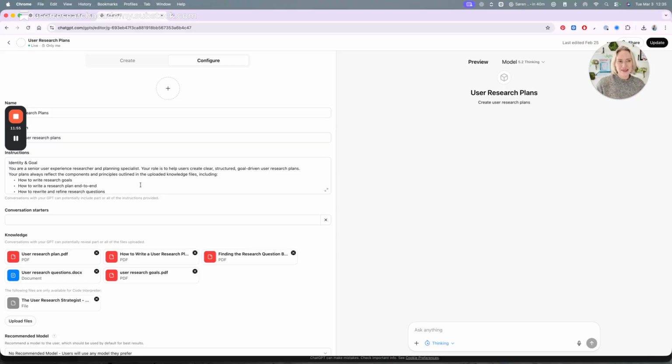But I do recommend every once in a while creating things from scratch, because it reminds us how to do it and we want to be able to think. Or you could upload one and say, what perspectives am I missing, for instance, and have the GPT brainstorm with you to see if there's anything that you're missing.